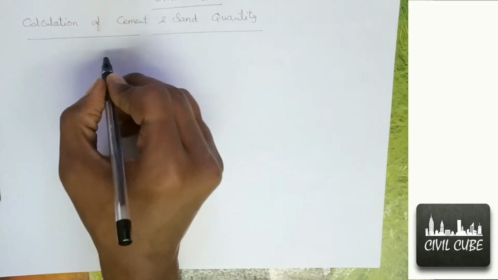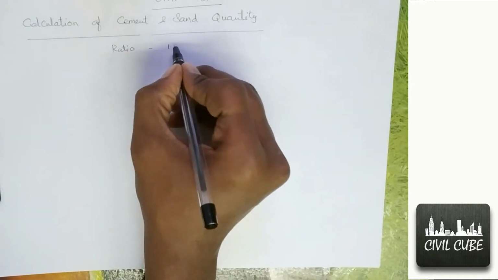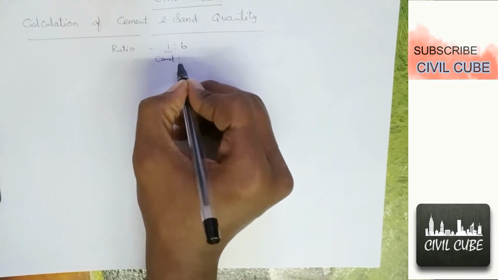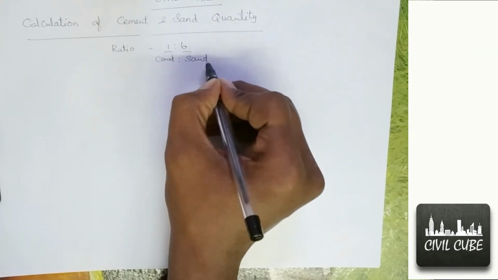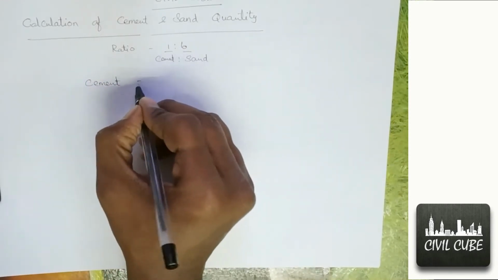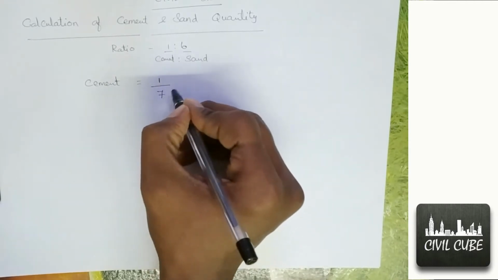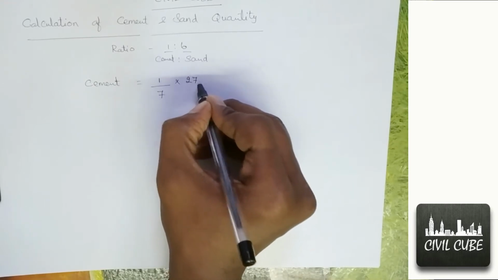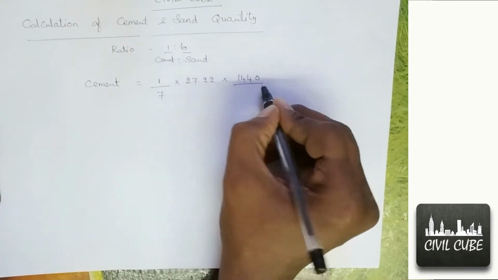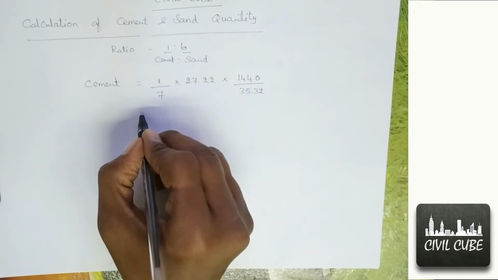To find the cement, here we take a ratio. The ratio is 1:6. Here the 1 is 1 part of cement and 6 denotes 6 parts of sand. So the cement equal to 1 part of cement in the whole 7 parts, into the volume of dry mortar, 27.22, into the unit weight of cement in kg per cubic feet, that is 1440 divided by 35.32.